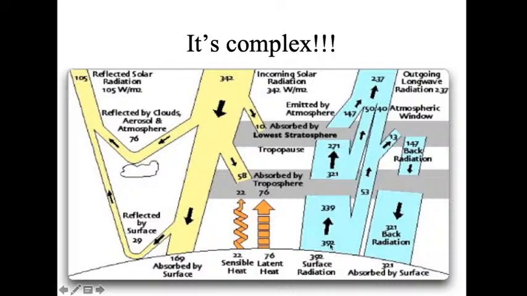And then we're also losing heat, or the majority of what was absorbed is going to be emitted by surface radiation. I don't know where these extra watts came from. That's a question for a different time.